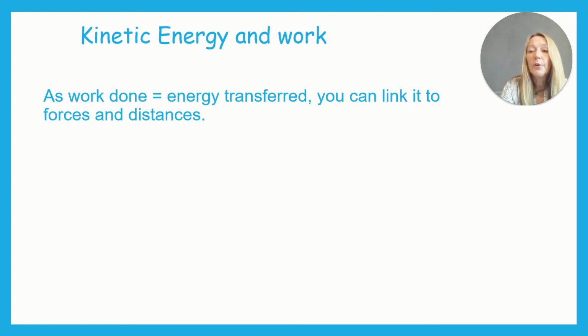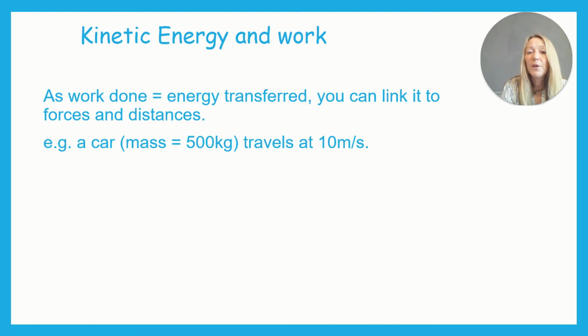So we're going to work through an example for you. So if we have a car with a mass of 500 kilograms and it travels at 10 meters per second, the first thing we're going to do is work out its kinetic energy. So the first thing we do is plug that into the kinetic energy equation, and I'm just going to write down the triangle and we're going to plug in what we've already been told.